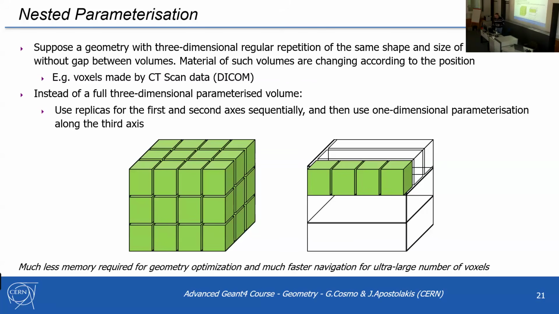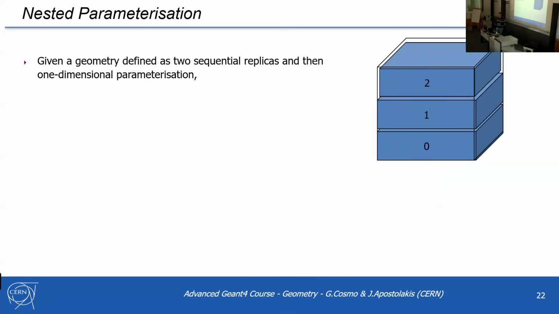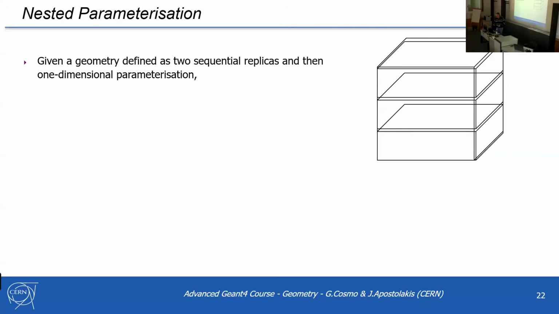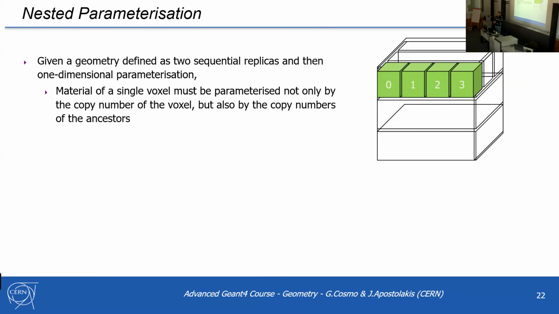Okay. So to help in this, there is a concept in Geant4, which is this nested parameterization, so that you create 2 sequential levels of replicas and then a 1-dimensional parameterization. And the material of a single voxel is parameterized not only as the copy number of the voxel, but also according to the copy numbers of the ancestors, because that's the only way you can really identify exactly which cell it is. So the material is indexed as 3 indices, okay, in the 3 dimensions.